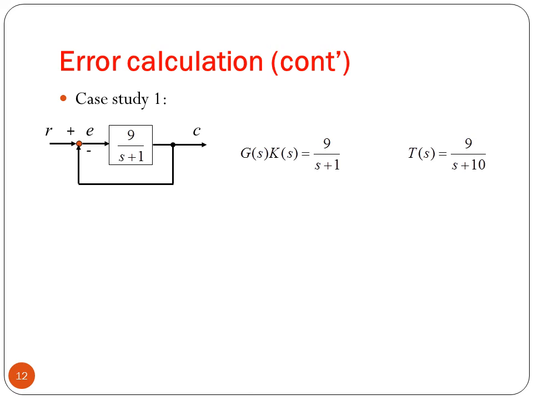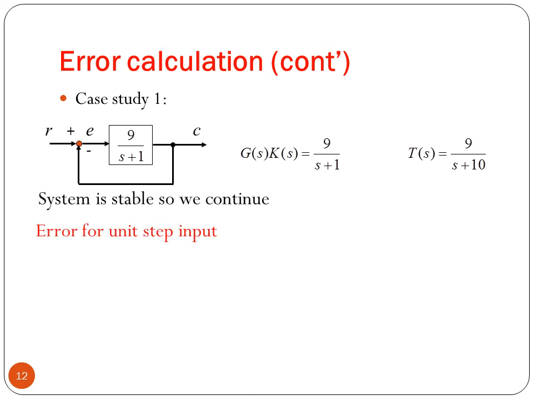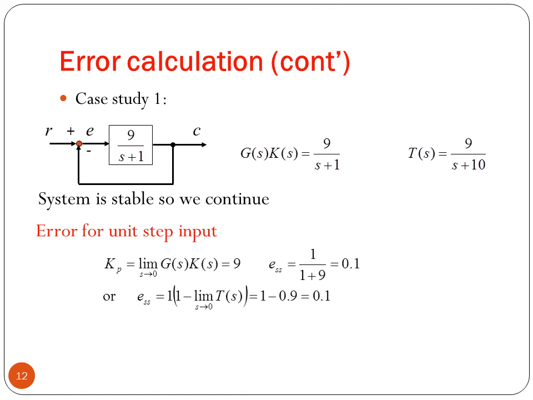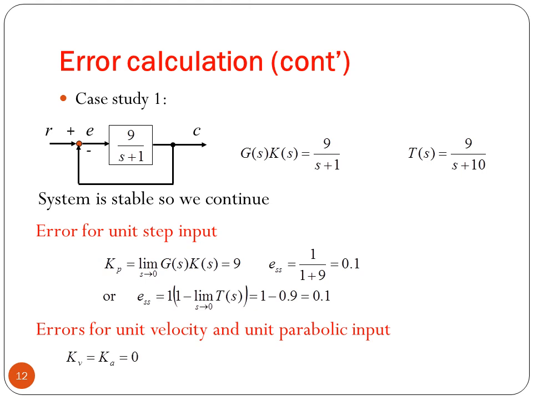So it will be equal to 1 over 1 plus 9, which is 1 over 10. Thus the error will be equal to 0.1 or 10%. Of course, we do not calculate the errors unless the system is stable. For the velocity and the parabolic inputs, the error will be equal to infinity.